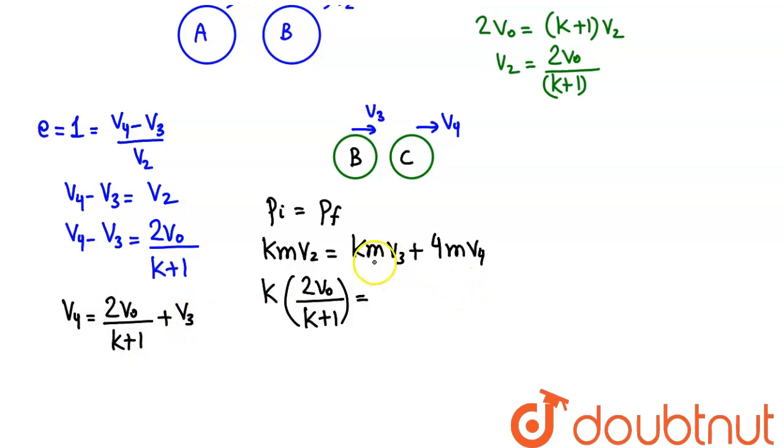So we can say this is k times V3 plus 4V4, which gives us 8v0 upon k plus 1 plus 4 into V3.